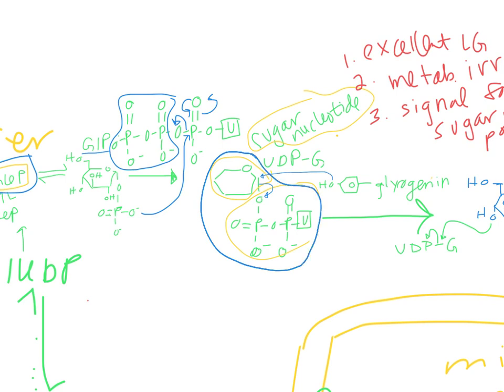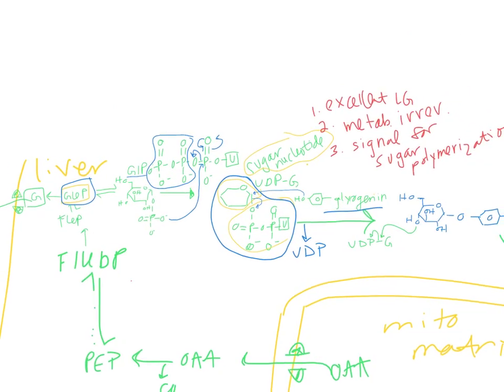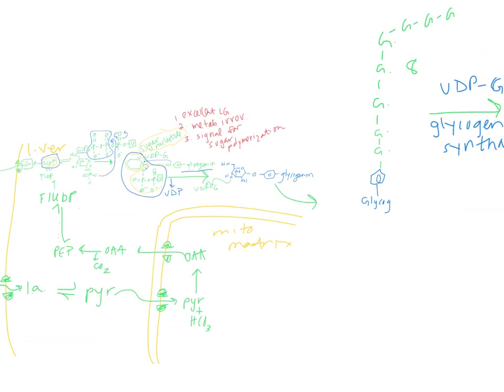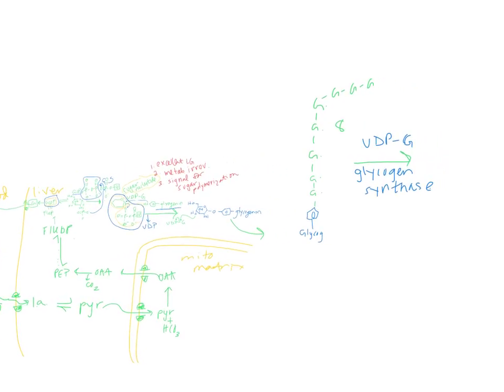We lose the pyrophosphate. Glycogenin initiates the mechanism by anchoring using a tyrosine residue. UDP is the leaving group. Then this goes on 8 times in a row, until after the 8th one is added, all the extra ones are added using glycogen synthase.